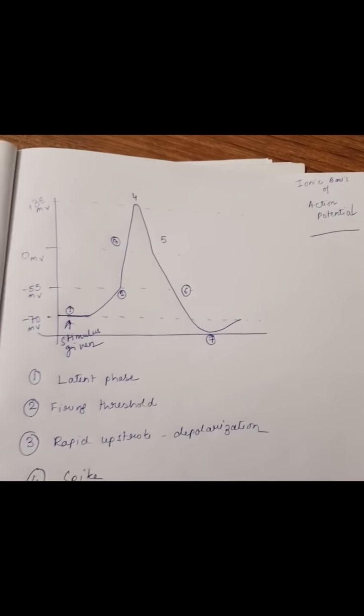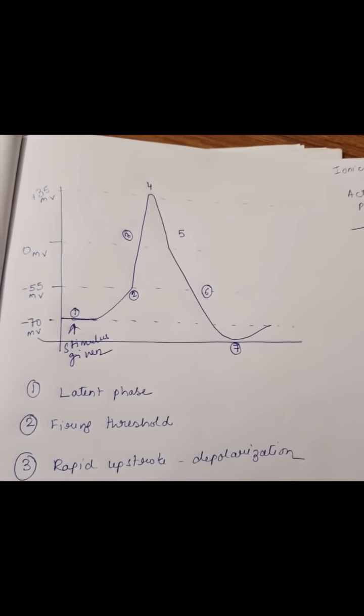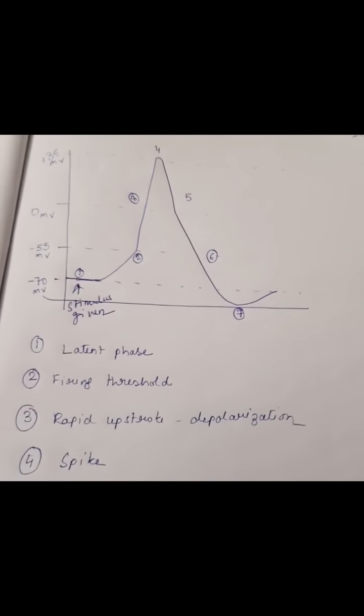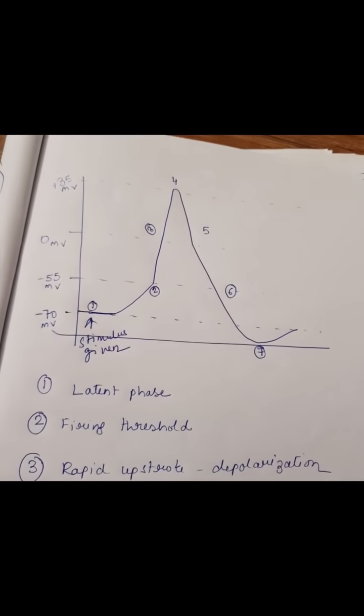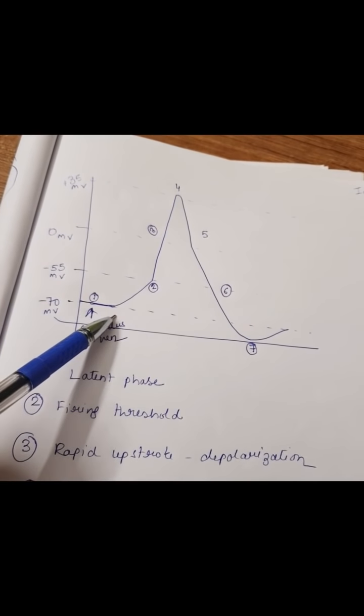Now let's go on to the ionic basis of action potential. Okay, we have a little bit of knowledge about the potassium channels and the sodium channels, which are very important for understanding the ionic basis. So we have already done this. A stimulus is given. We get a latent phase.